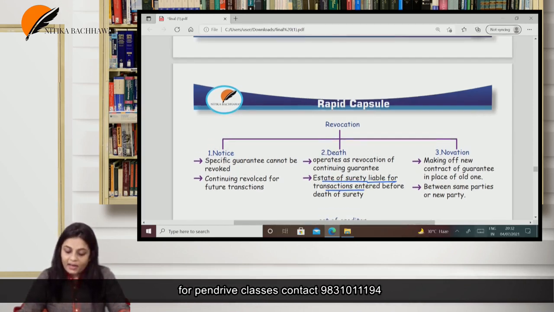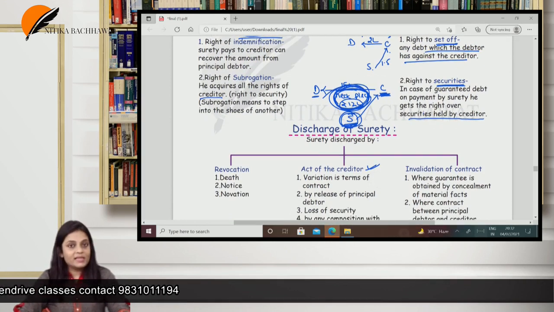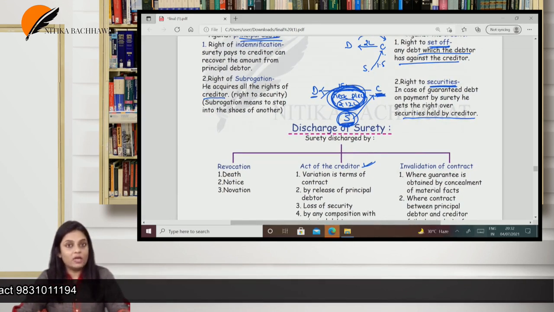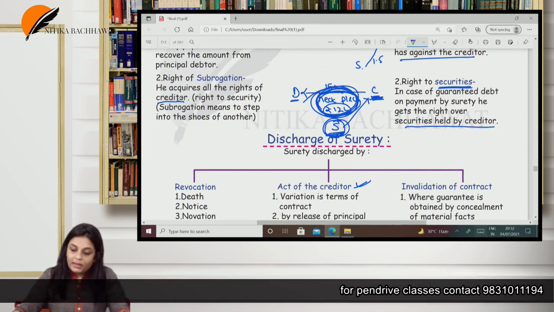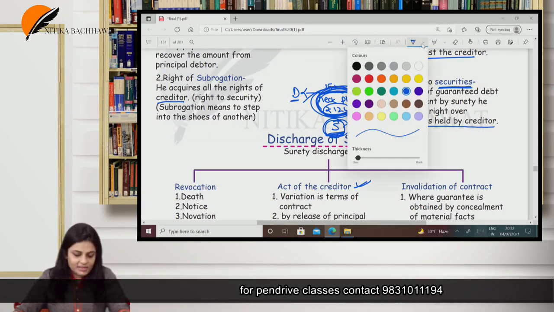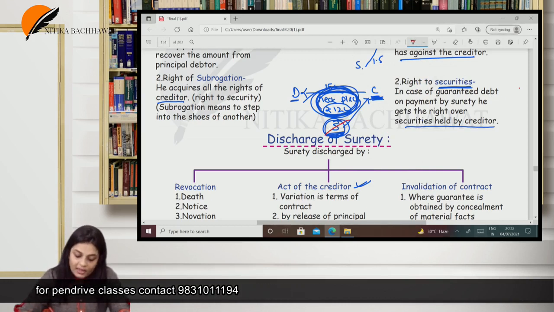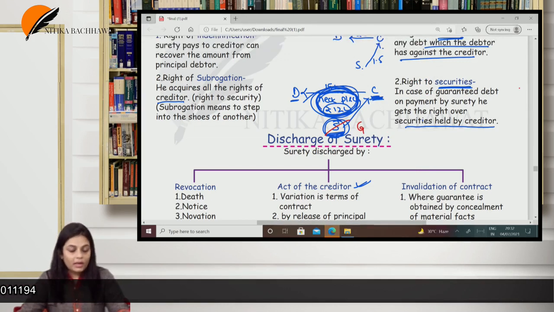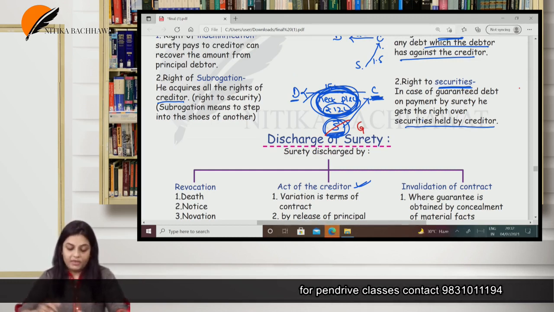So what exactly is novation? Let us say S had given a guarantee to C on behalf of D, right? S had given a guarantee to C that he would pay the debt in case D fails to pay.